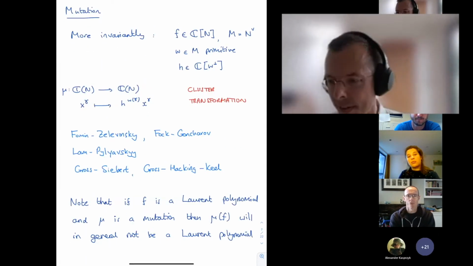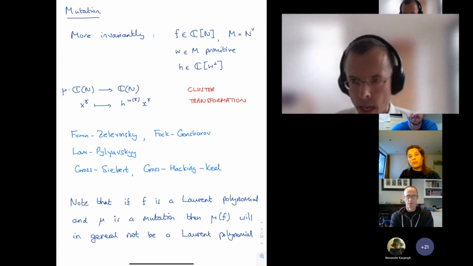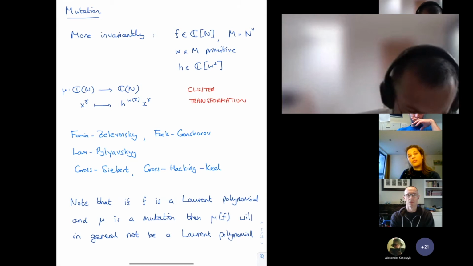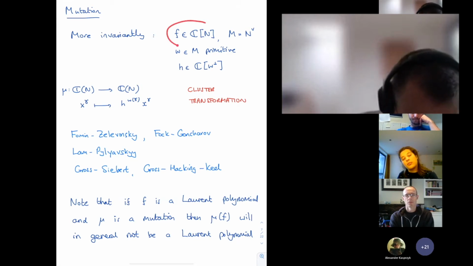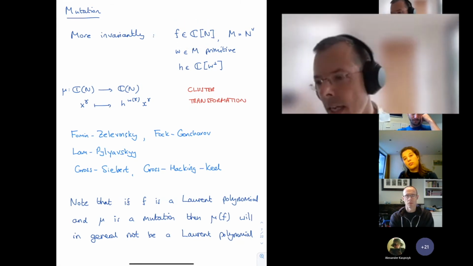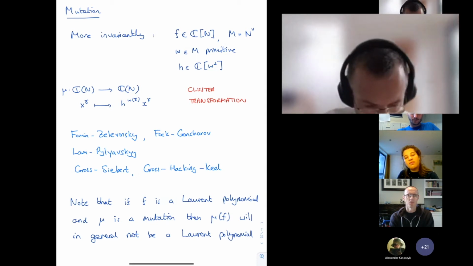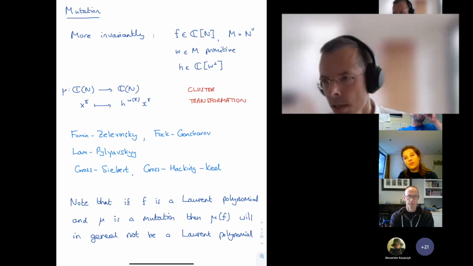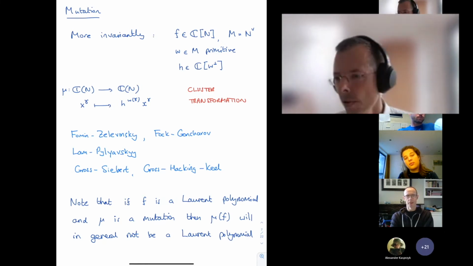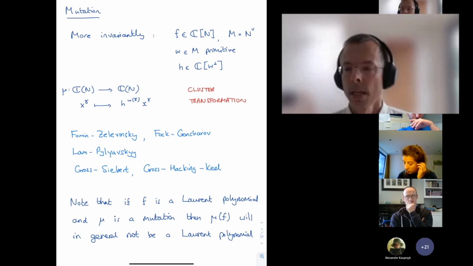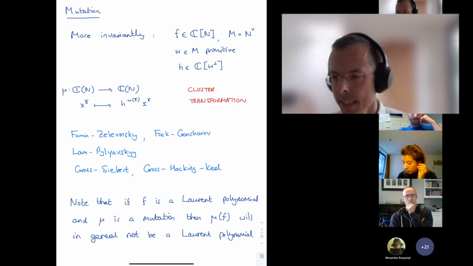Can I just say this differently? Okay, so the Laurent polynomial we're thinking about, the exponents of the Laurent polynomial live in some lattice N. So the torus that you're thinking about is presumably the dual torus M tensor C star.